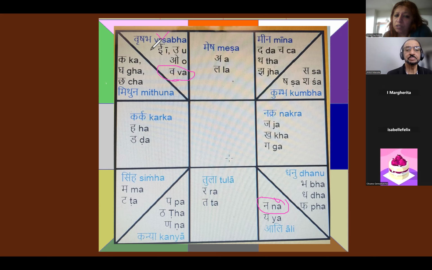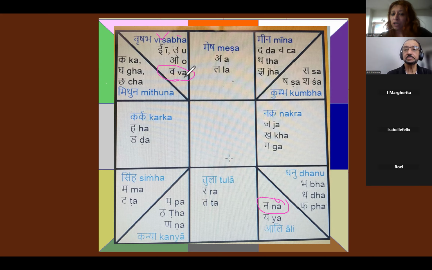This is Taurus. Everybody understanding this? This is Vrishabha. By now I think you need to be familiar, and I don't want to keep saying that Vrishabha is Taurus, because it is Taurus. So the Ve sound falls under Taurus.